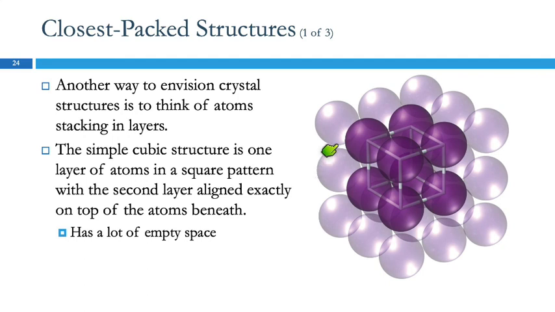So each atom is directly above the atom below. There's a lot of empty space here. If you try to do this with marbles or billiard balls or oranges or anything round, you'll find out it's actually kind of hard to do this, right? Because this atom doesn't want to sit on top of that one. It wants to fall into the little divot between 3 below.